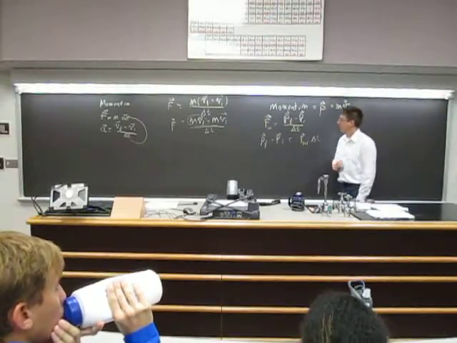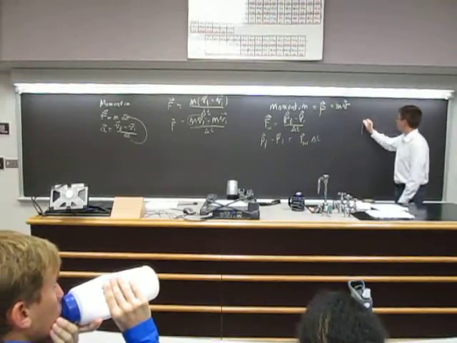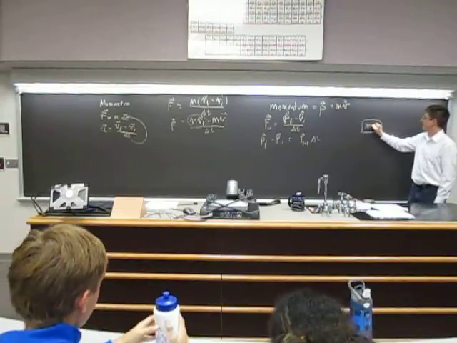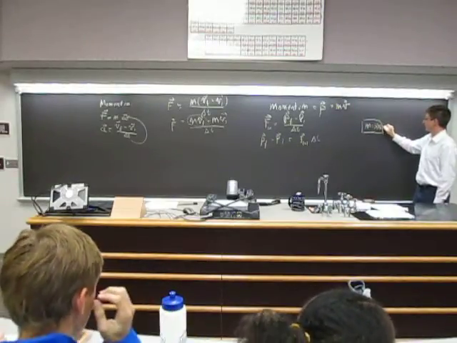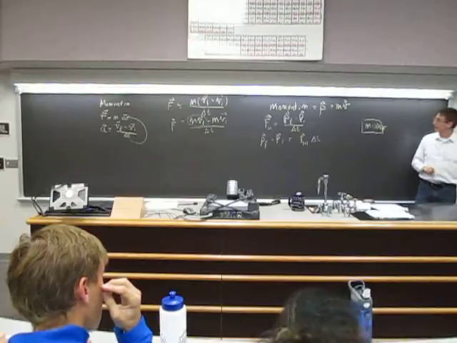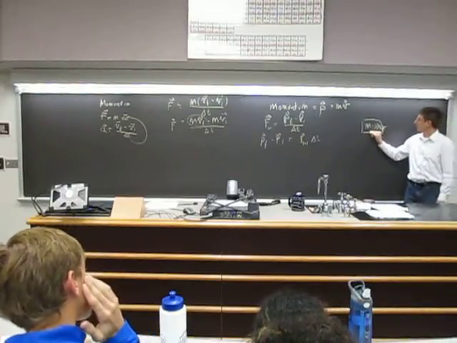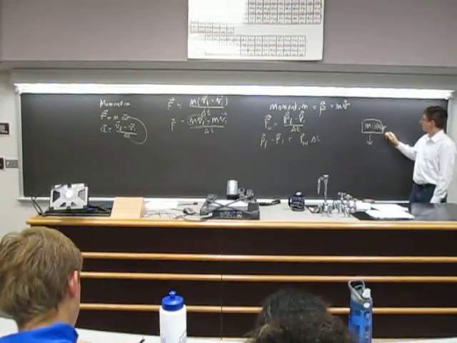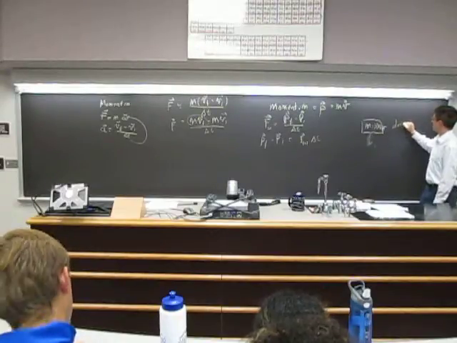But let's take a look at this real quick. Let's say I have a massive object, m equals, say, 10 kilograms, okay? And let's say I just let it drop.